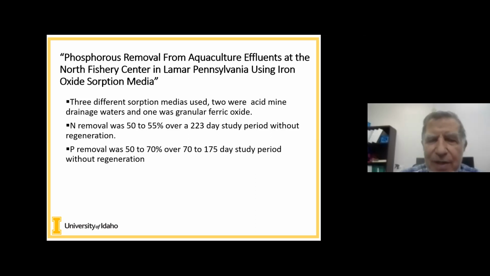Nitrogen removal that they observed ranged from 50 to 55% over a 223-day study period without regeneration of any of the oxides. The phosphorus removal was 50 to 70% over a 70 to 175-day study period, also without regeneration. These absorption medias were flowing from and through the facility, and it allowed them to have these long study days.